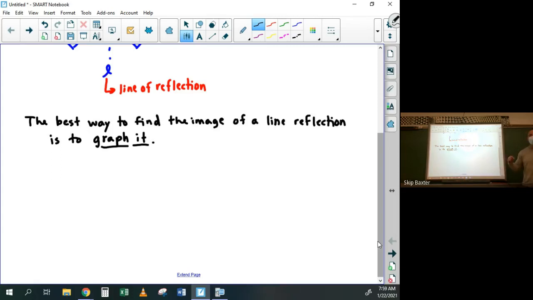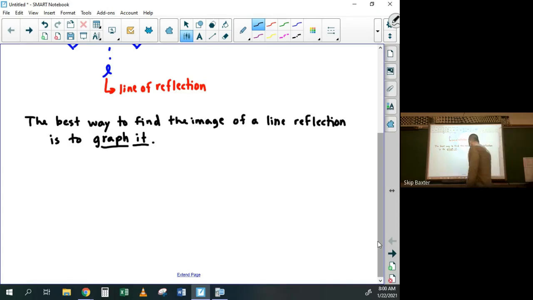Well, you're really just negating the y value. You could remember, for every possible line reflection, what the rule is in order to get the image. But it would be a lot of stuff to memorize, and it's really not worth it. It's really easy to get the image just by graphing the point and the line of reflection. So I think that's just the best way to do it here.